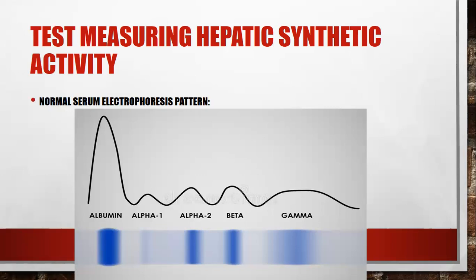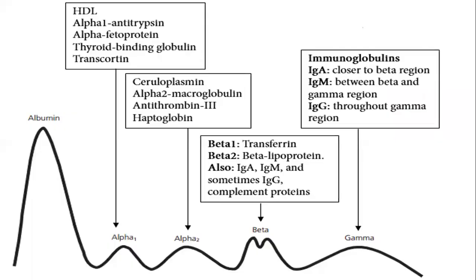Now, the slowest to migrate, because these are heavy proteins, is your gamma globulin, occupying the fifth band. So this is another normal looking serum protein electrophoresis pattern showing us the different proteins under each band: alpha 1, alpha 2, beta, and gamma globulin.